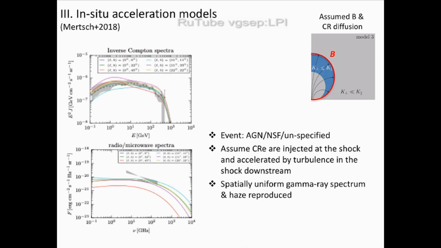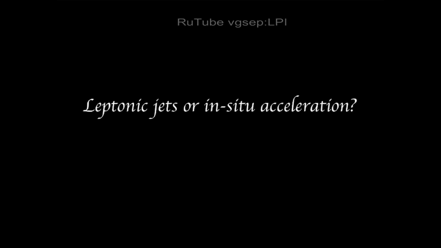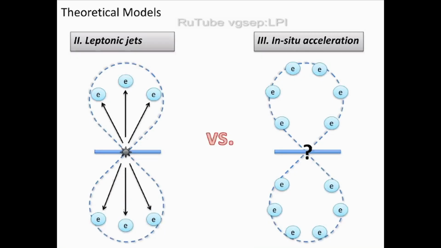All right, so basically we found that both the leptonic jet model and the in situ acceleration models can work. So now the important question is which model is correct, right? Let me come back to this cartoon again. In terms of predicting the non-thermal emission in the gamma ray band and microwave band, these two models are both very successful.